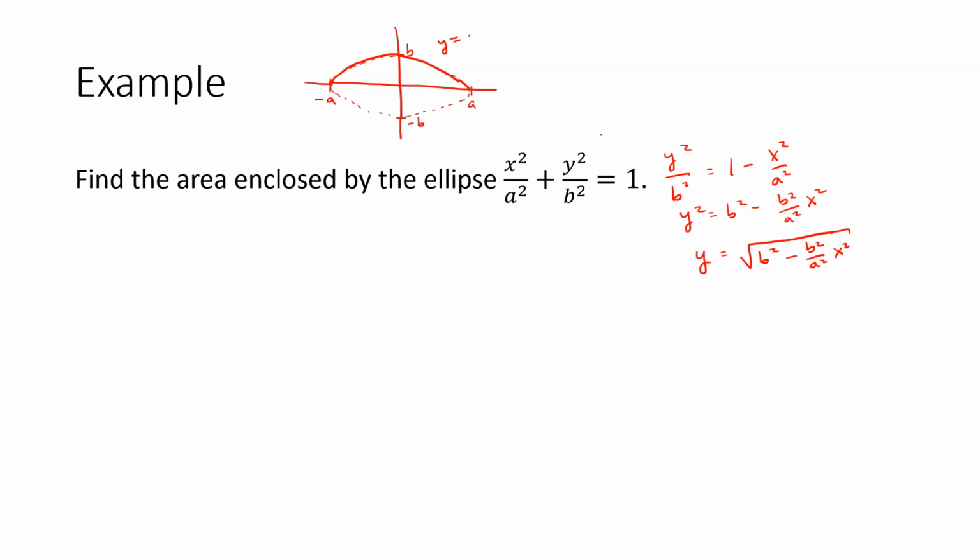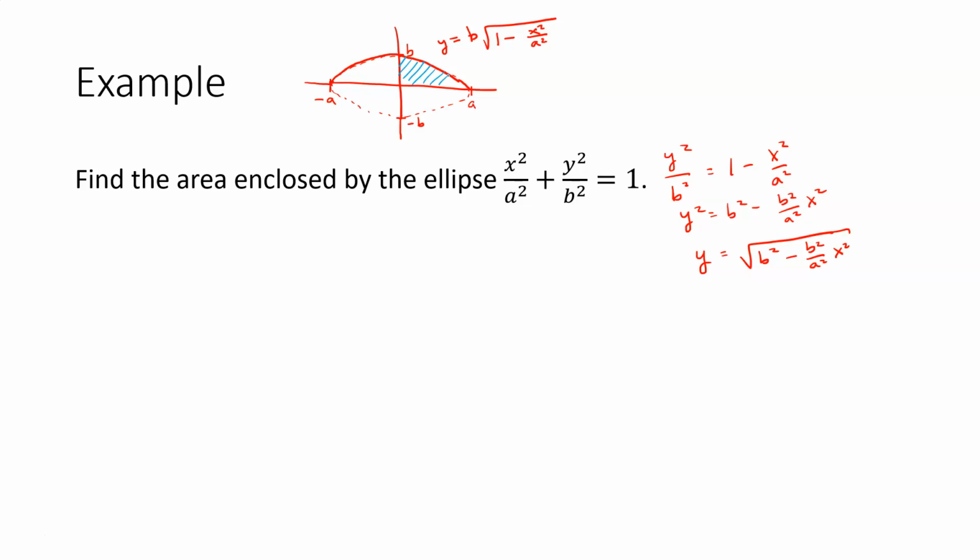Actually, I can factor out the b there, so I can just put the b on the outside. And then that makes it look a little simpler: 1 minus x squared over a squared inside. And then if I'm finding the area under this curve, I'm going to be using the symmetry in it.